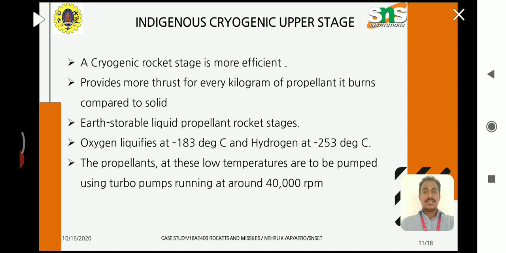A cryogenic rocket stage is more efficient and provides more thrust for every kilogram of propellant it burns compared to solid and earth-storable liquid propellant rocket stages. Oxygen is liquefied at minus 183 degrees Celsius and hydrogen at minus 253 degrees Celsius. The propellant at these low temperatures is pumped using a turbo pump running at 40,000 RPM.